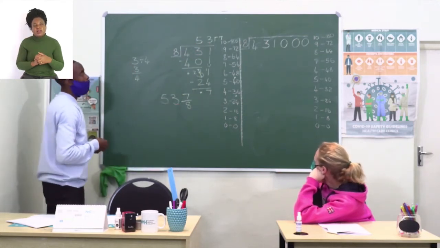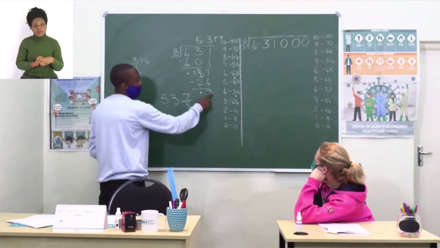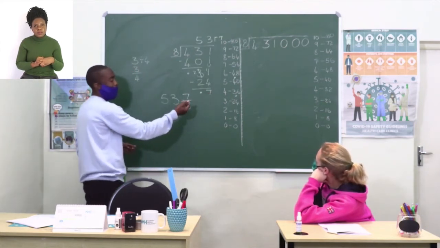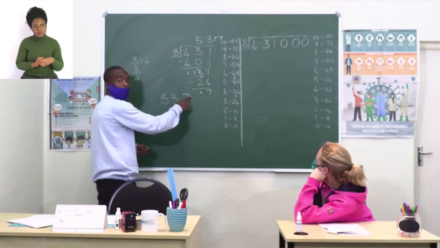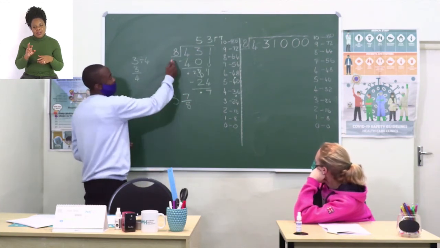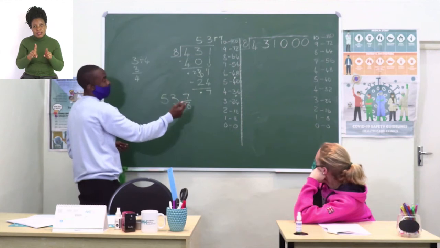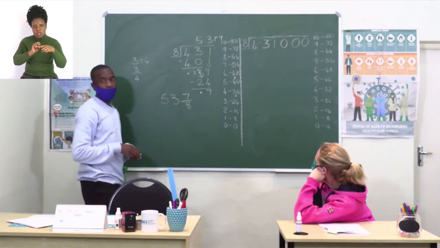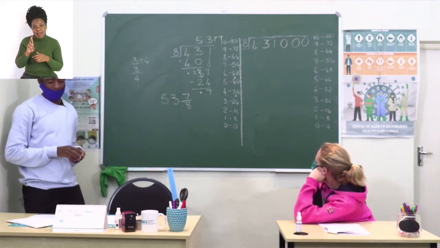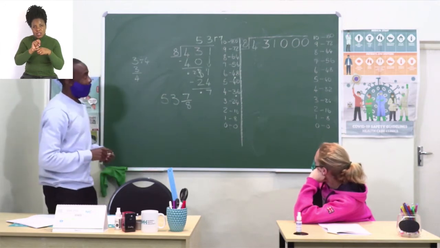But then what I do, I make sure that my remainder, I write it as my numerator. And then my divisor, I write it as my denominator. Are we together? Okay.